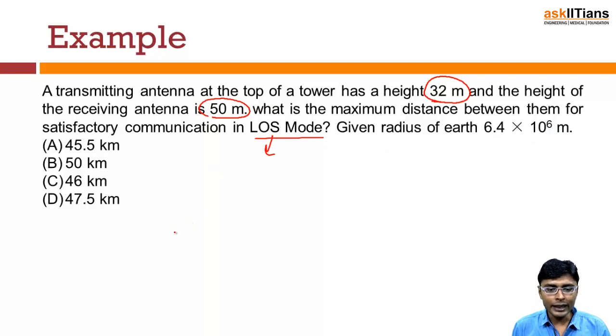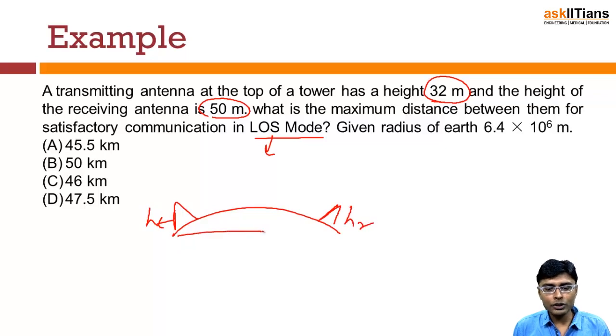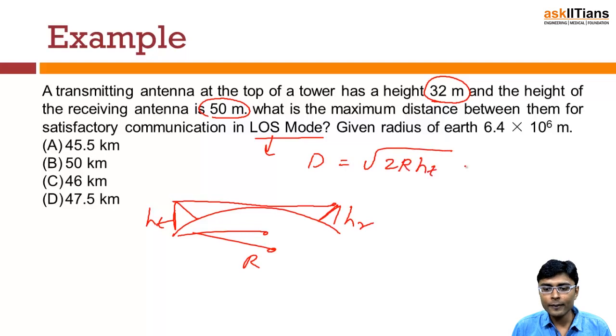We have seen in our slide that if we consider a transmitter and receiver, and the height of the transmitter is HT and the height of the receiver is HR, and R is the radius of our earth, then the maximum distance up to which communication can take place is equal to under root of 2R HT plus under root of 2R HR.